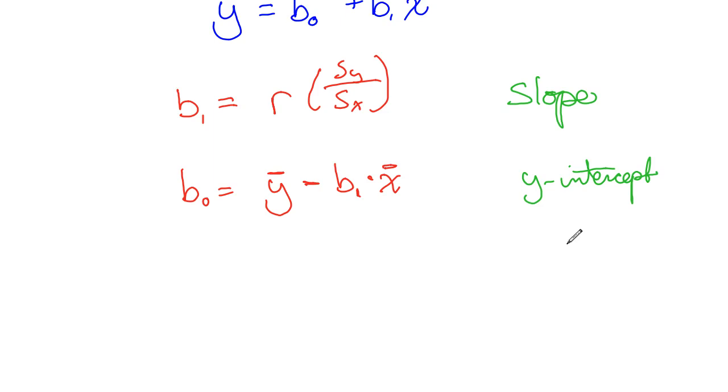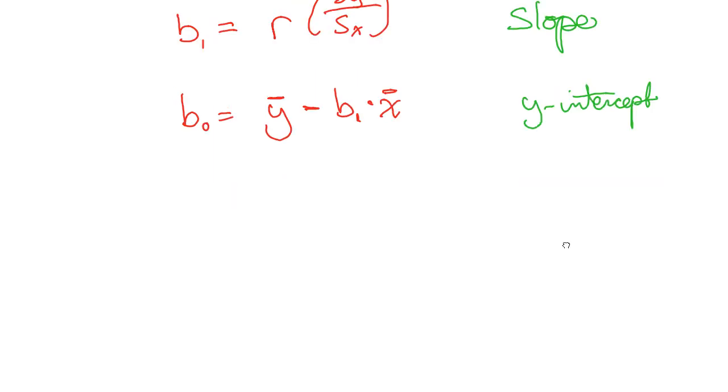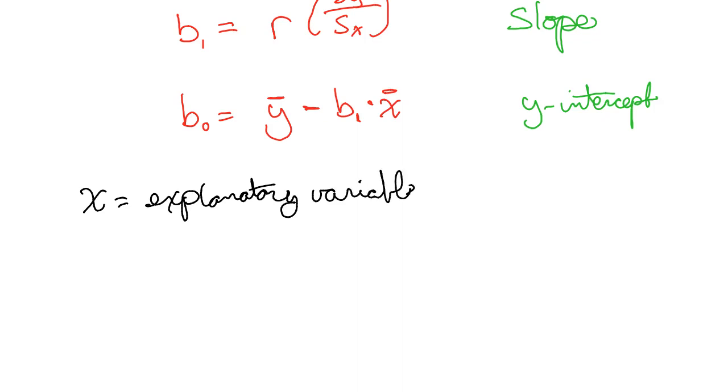When we're looking at these, we obviously have two different variables because we're talking about the x variable and the y variable. Well, the x variable is usually called the explanatory variable, meaning it is used to explain the other one.